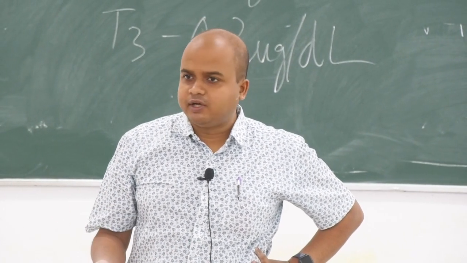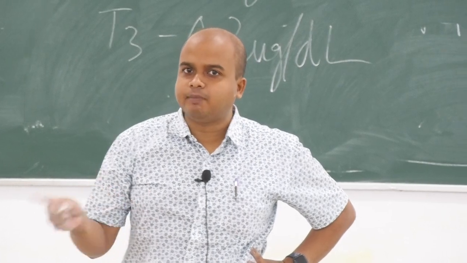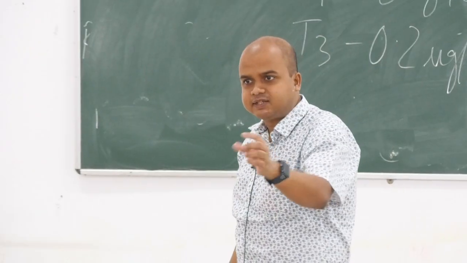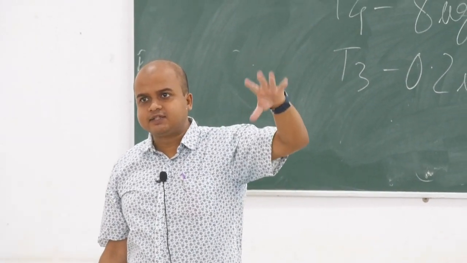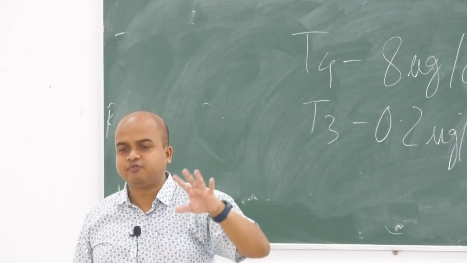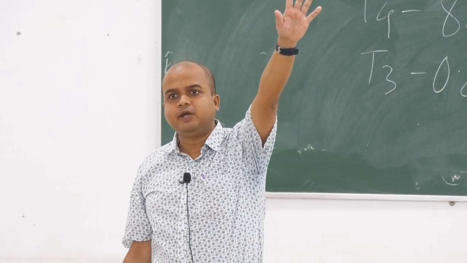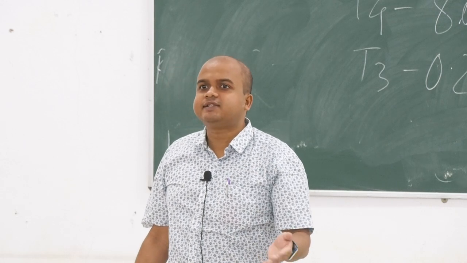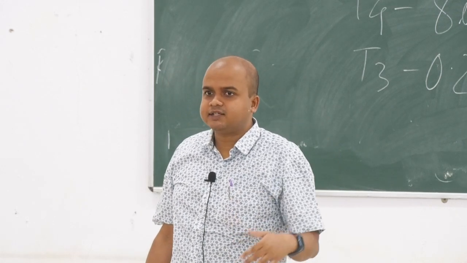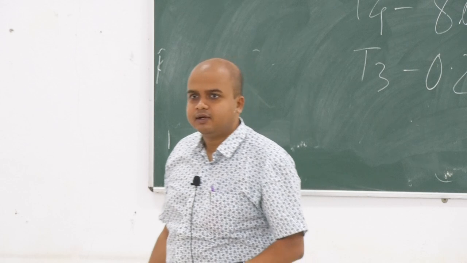Most of it is bound to proteins, but the less than 1% free level of T3 dictates this negative feedback, to the pituitary and hypothalamus, for bringing it back. If T3 is very low, then that feedback will go, and TRH and TSH will increase. This is regulation.